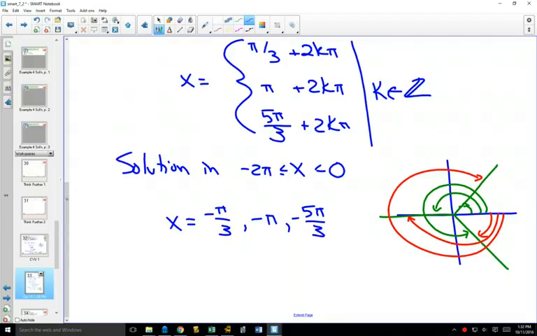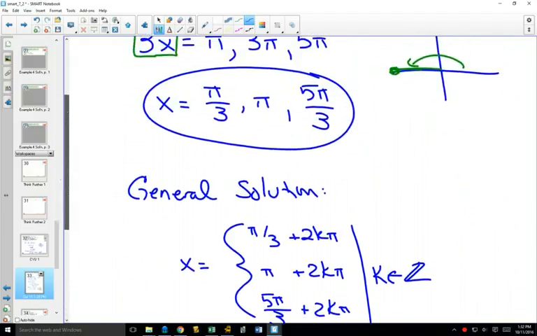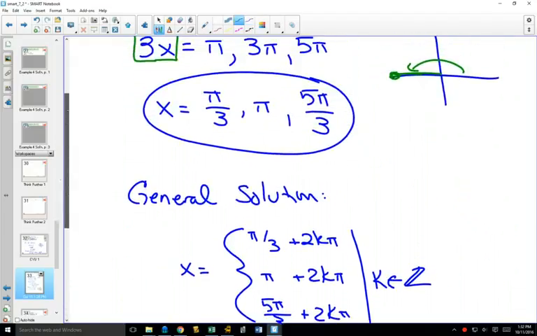Another thing you could do is you could take your 3 answers that you had to begin with, and you could subtract 2 pi off each of them, because that would give you a coterminal angle back 2 pi. Well, if you're subtracting 2 pi, you're going to have to get a common denominator, right? So 2 pi is the same as 6 pi over 3.